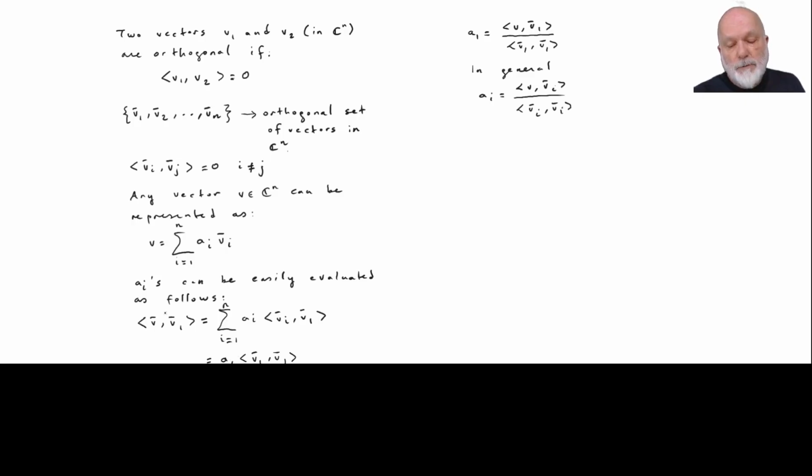If we want to calculate a particular coefficient, we just take the inner product of both sides with the corresponding vector, for example, vi bar, and the summation will reduce to a single term because of orthogonality, and we will be able to calculate the coefficients in an easy way by using the concept of orthogonality.